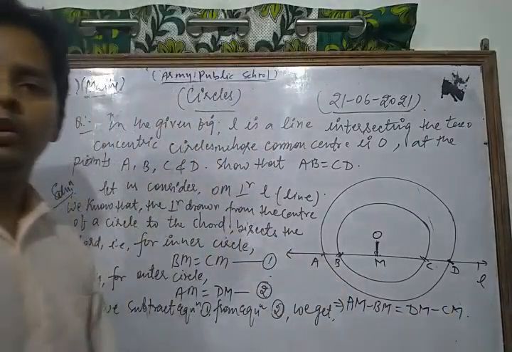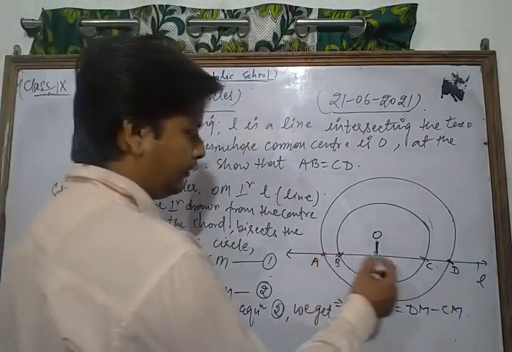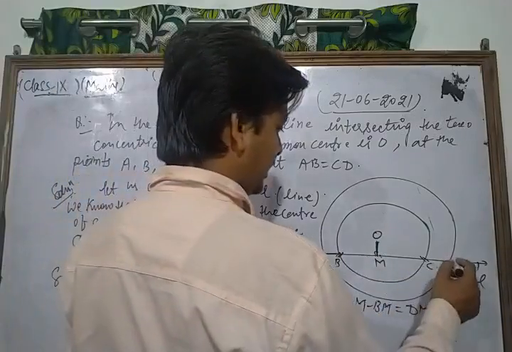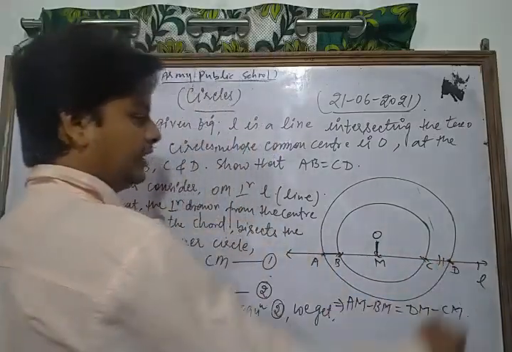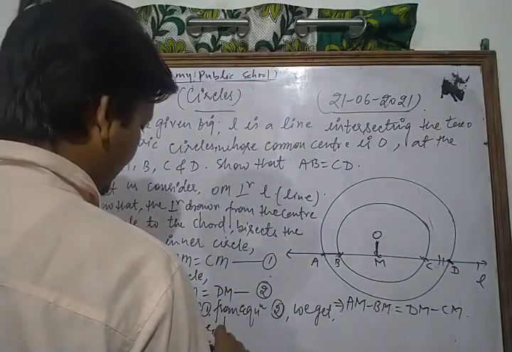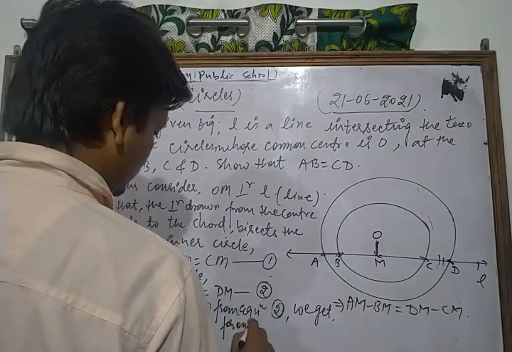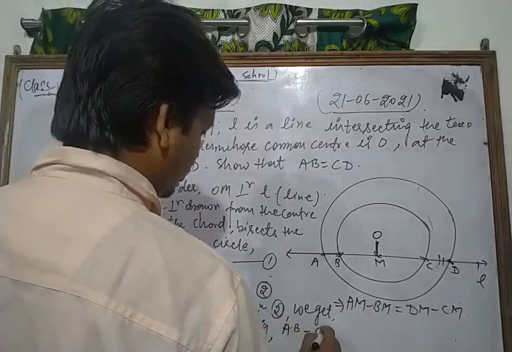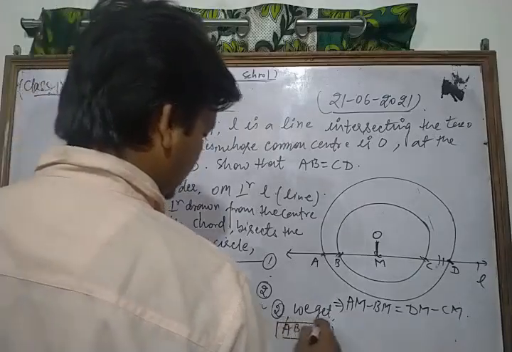Look, from the figure, AM minus BM gives us AB, and on the other side DM minus CM gives us CD. So from the figure we get AB is equal to CD.